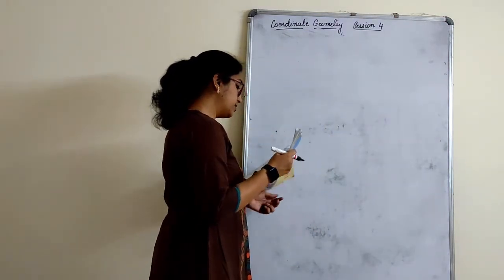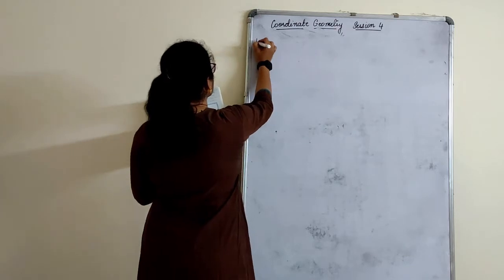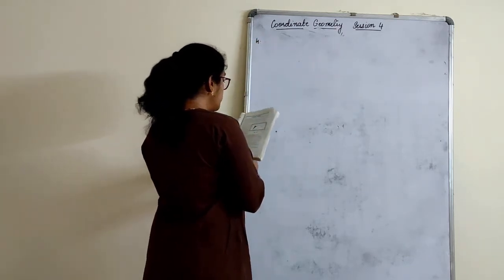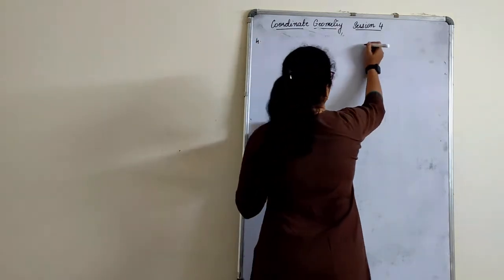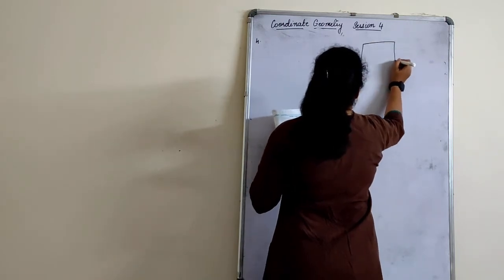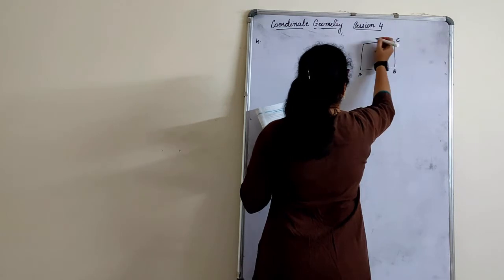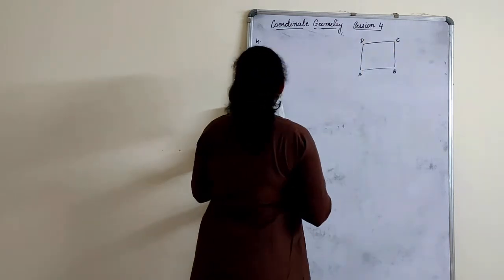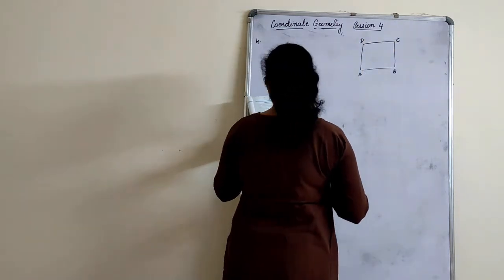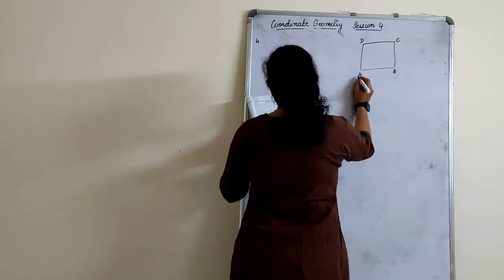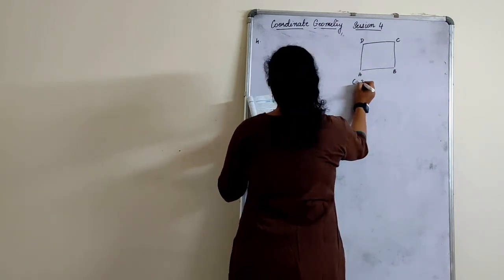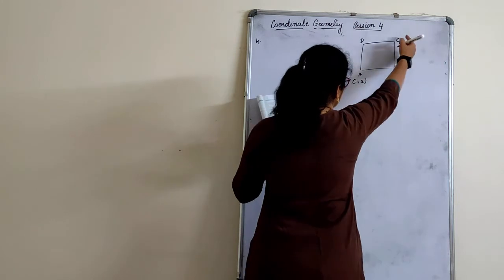The next one is the fourth one. Two opposite vertices of the square are given. So a square is given: A, B, C and D. Two opposite vertices of the square are given as, let us take the opposite vertices as minus 1 comma 2, and the other should be this.